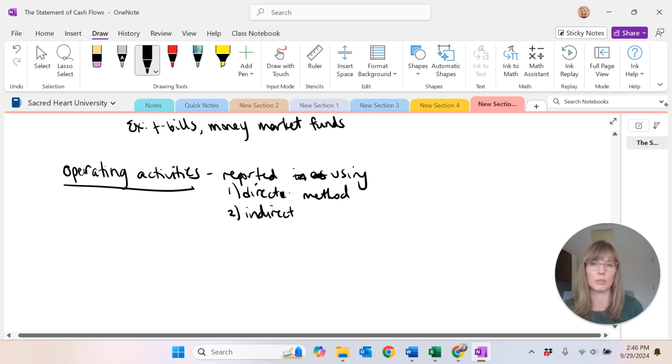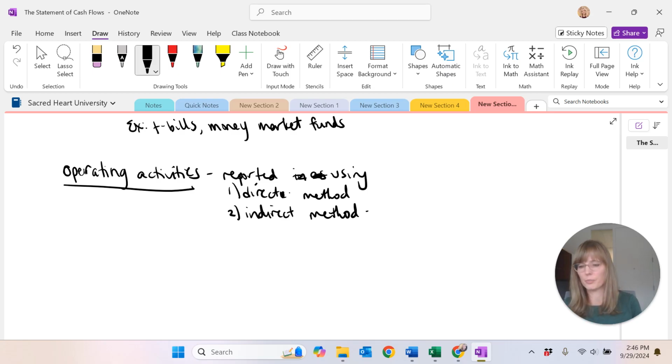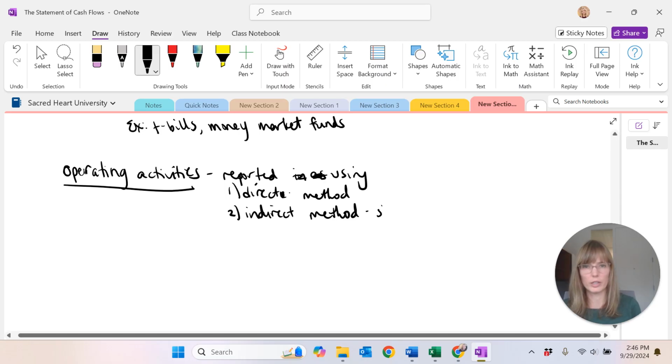Nearly all companies use the indirect method. We saw that Home Depot uses the indirect method, where we start with net income, and then you make adjustments from net income to get to cash from operating activities.